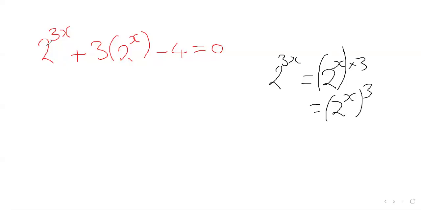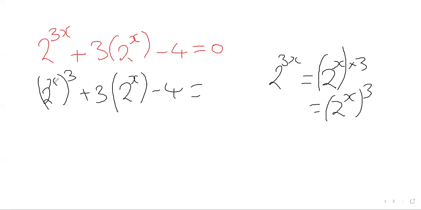That's how we are going to rewrite this piece. So you rewrite it as (2^x)^3 + 3(2^x) - 4 = 0.